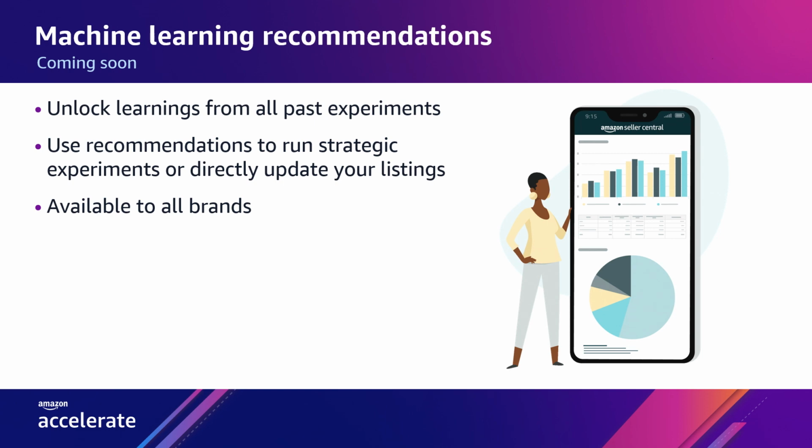These recommendations are identified based on trends in past experiments that were run on products under the same category, had similar test content, and produced a conclusive result. So what that means is these are successful experiments, and that means that we have a very high confidence that adopting these recommendations are going to bring you a sales lift.